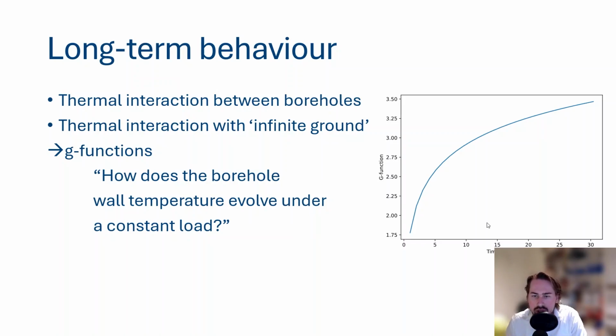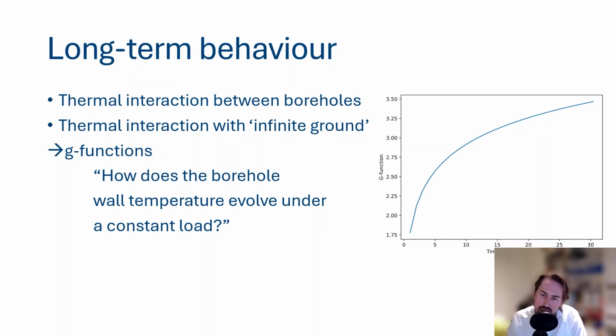And you can see it actually on the graph on the right, where you have a time scale in days. And how you should interpret this graph is actually, okay, we have a certain borefield and we're now injecting 1 kilowatt of heat into the ground constantly throughout the years. How does the ground or the borehole wall temperature evolve?